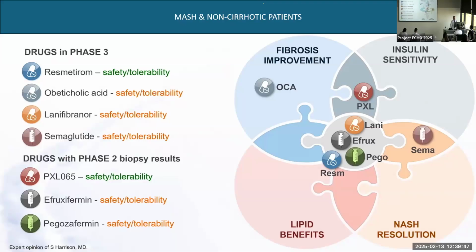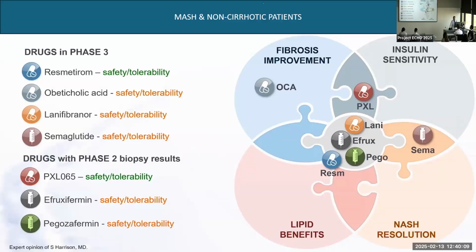You see resmetirom here in the middle, pegozafermin, efruxifermin, lanifibranor. These are good, but we can get semaglutide or tirzepatide between the NASH resolution and insulin sensitivity area, and obeticholic acid for the fibrosis improvement.